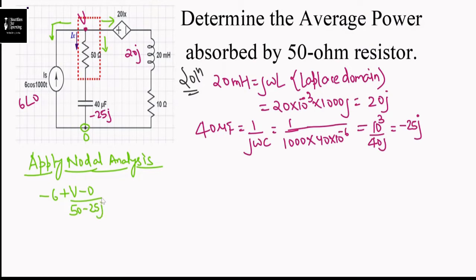plus V minus 20Ix upon 20J plus 10 is equal to 0. On solving this, bringing out 25 common from the denominator. In this, we need to bring out 10 common from the denominator.